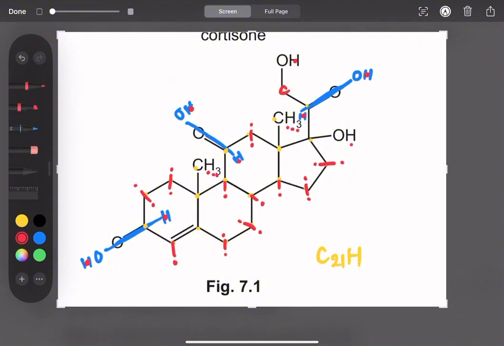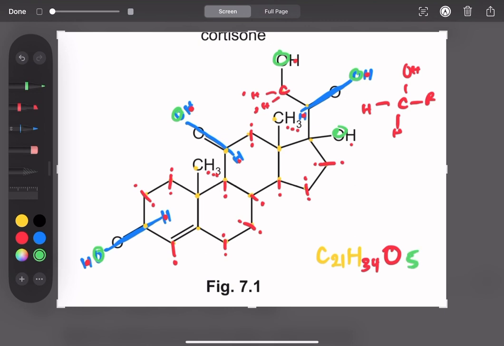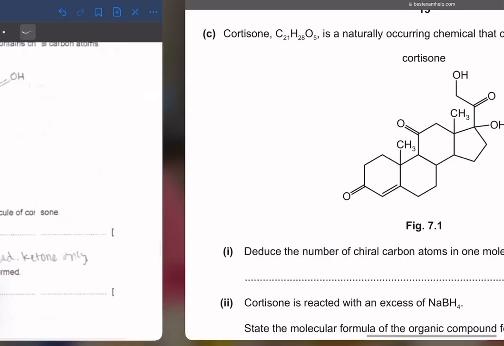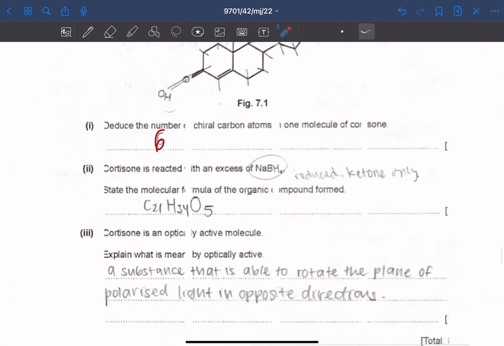But then this C atom is actually CH2OH, so 2 H's: 32, 33, 34. So H34, and then O: 1, 2, 3, 4, 5. So C21H34O5, as stated in the paper. C21H34O5. So correct.